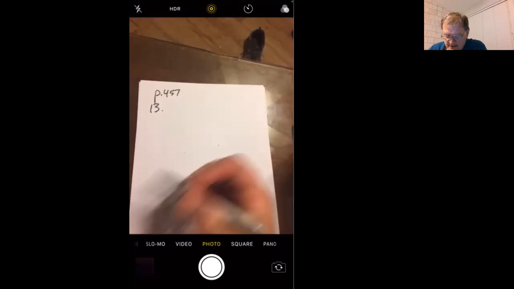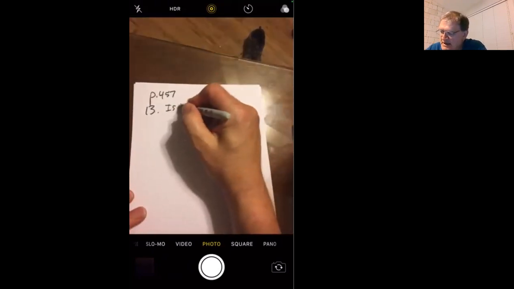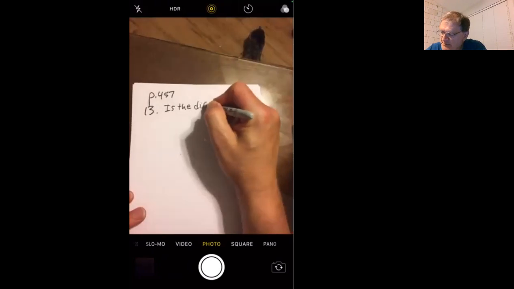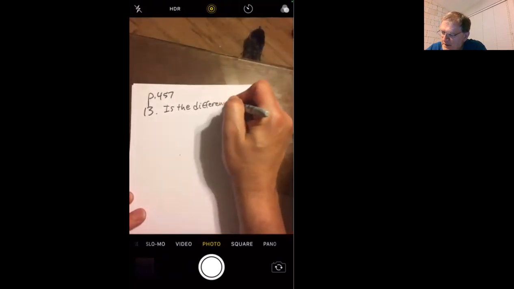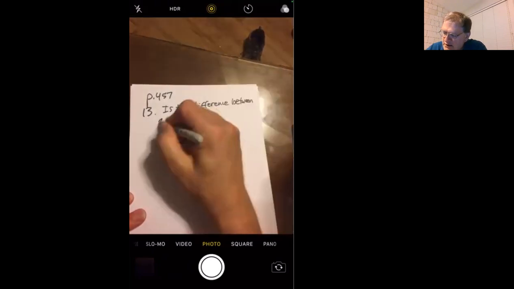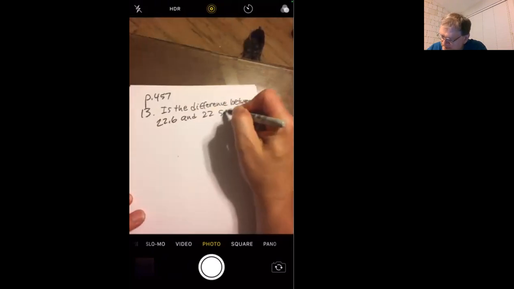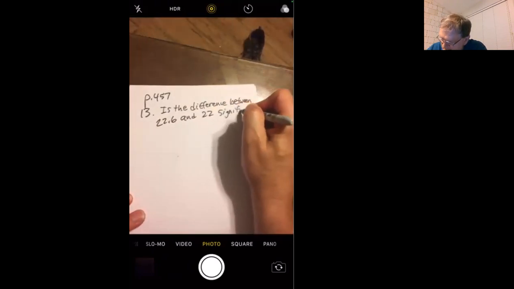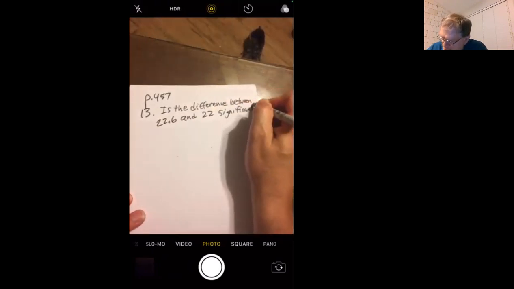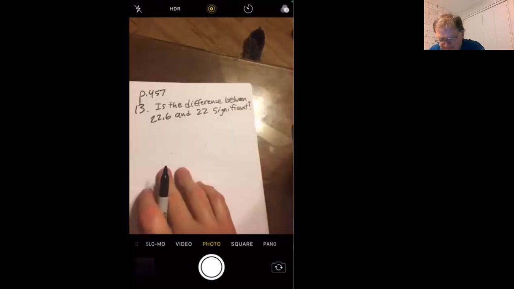Or another way of asking this: is the difference between 22.6 and 22 significant? We're going to run a 4-step test of hypothesis to decide this burning question.